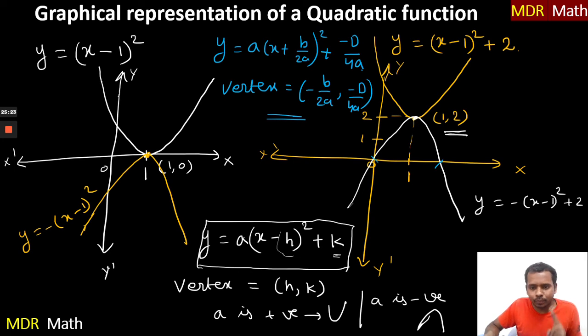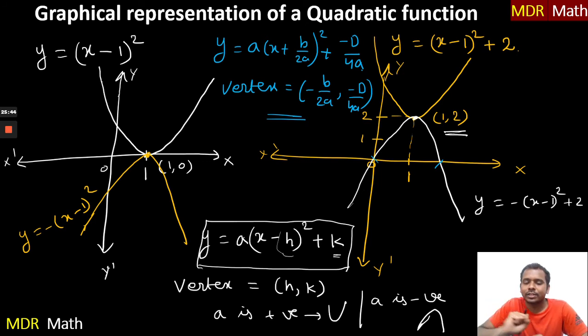There are two possibilities you will see for the curve. This curve may touch the x-axis, or this curve may intersect the x-axis. When this curve touches the x-axis, the roots are real and equal. When this curve intersects the x-axis, the roots are real and distinct.